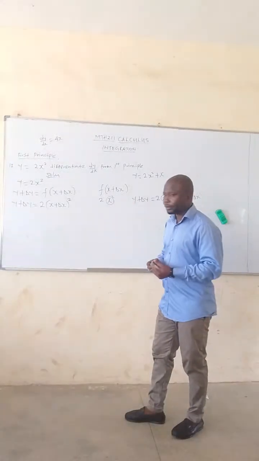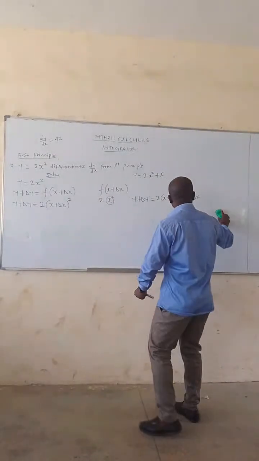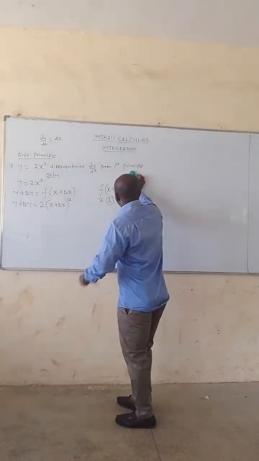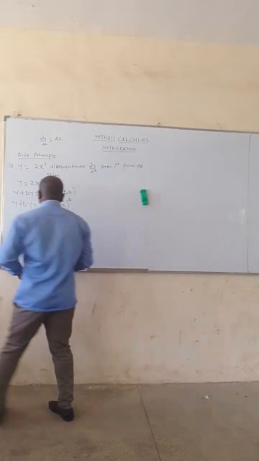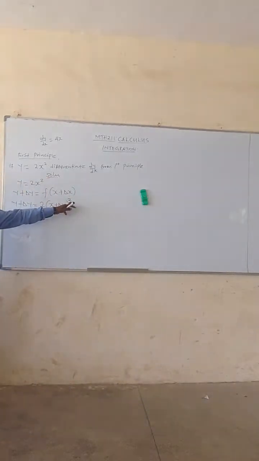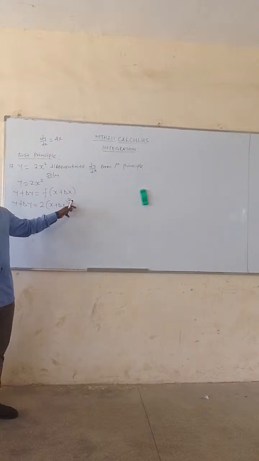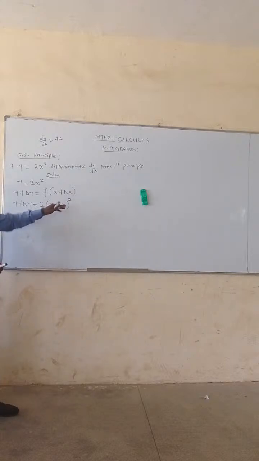Do you understand? Okay. So let's go ahead and solve this. At this point, we are going to use binomial theorem, two of us. Instead of using the two brackets to multiply each other, you just need 1, 2, 1.